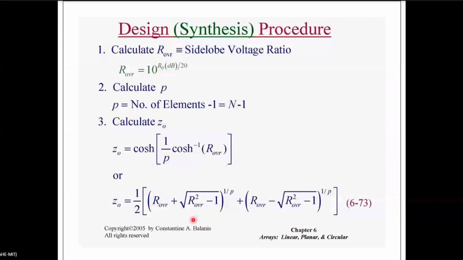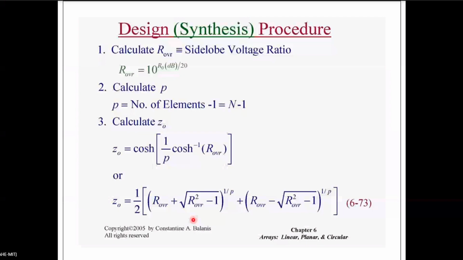Substitute cos u is equal to z by z naught. Hello, have you got it? Yes, sir.